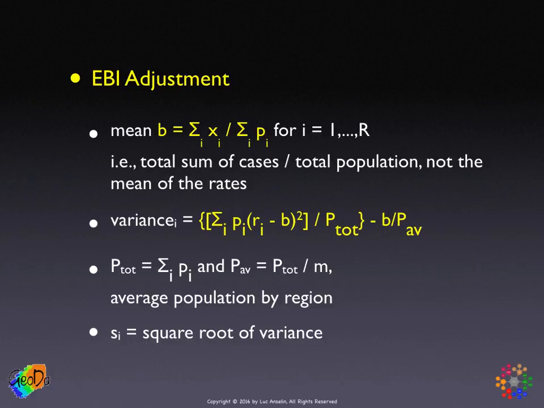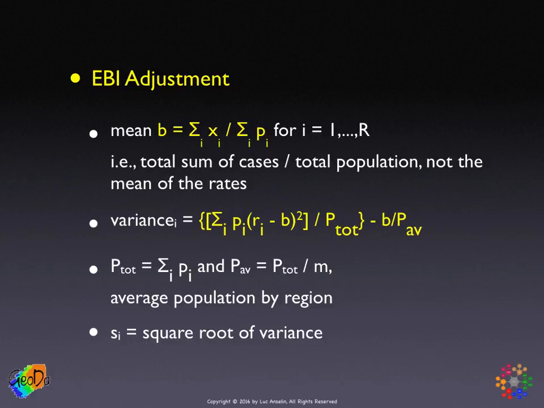You sum all the cases over all the areas, and you sum the population over all the areas, and that ratio is the mean. This is also the same ratio that is used to get the expected count, which we've seen in the relative rates, and we'll see that again later on in the scan statistics. So the expected count is based on the average number of cases throughout the region aggregated.